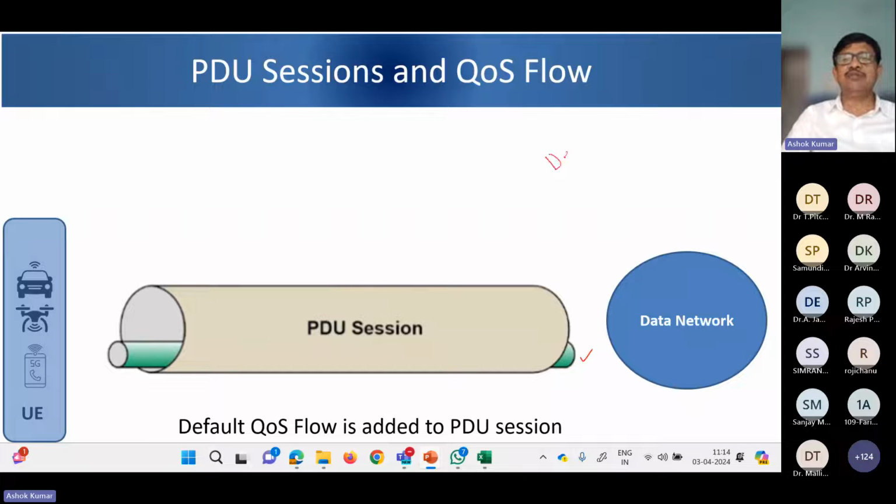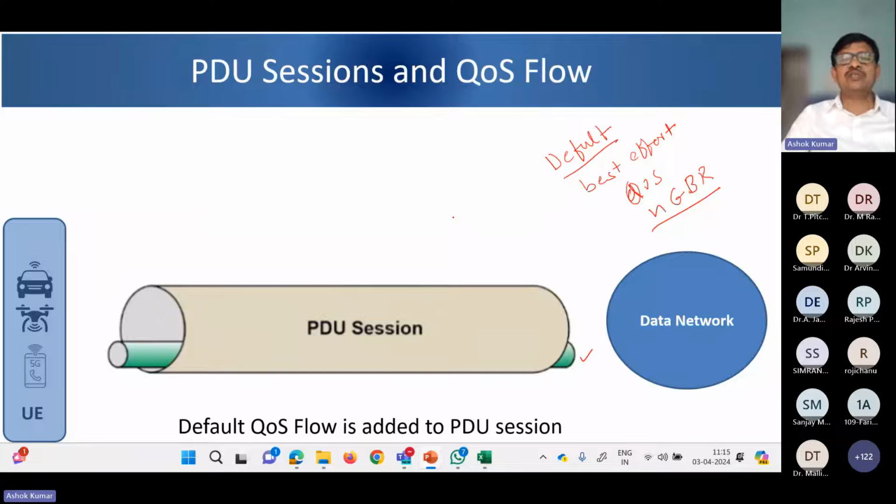When we say default QoS flow, this is some sort of best effort service, best effort quality of service. So this is not of the guaranteed bitrate type. It is a non-guaranteed bitrate type of QoS flow, NGBR we call it.